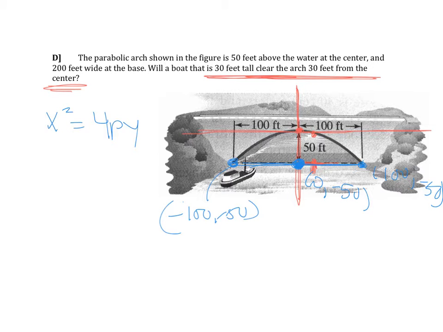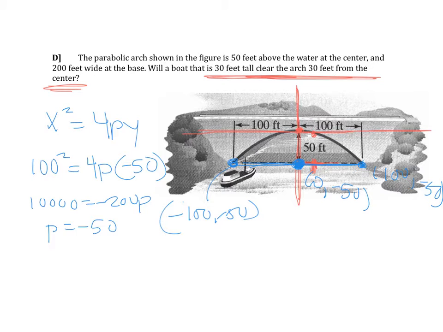So at least we know that going in, so we'll be able to identify if we make any mistakes. Okay, when x is 100, so if I plug in 100 squared, y is -50. Right, so that means 100 squared, 10,000, equals -200p. So that gives me p of -50.